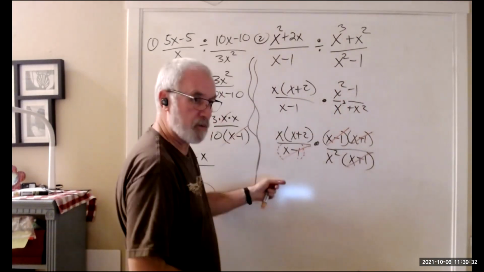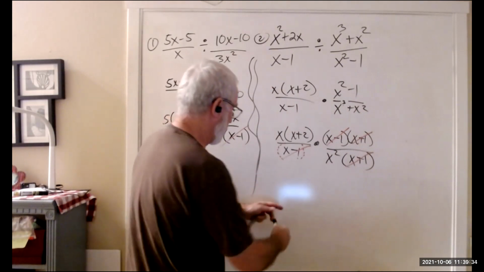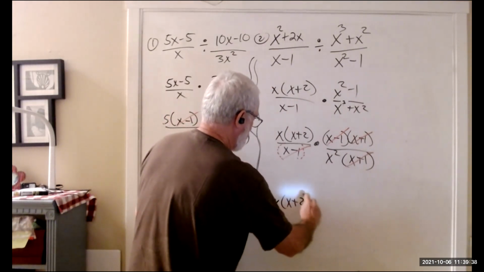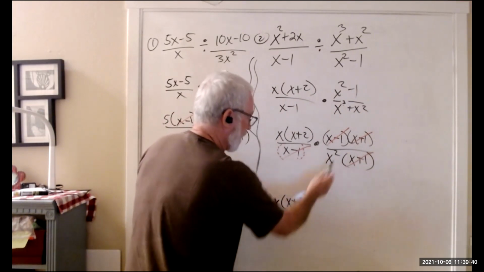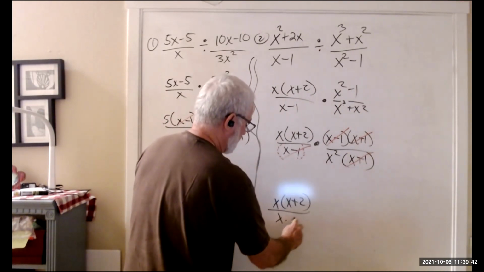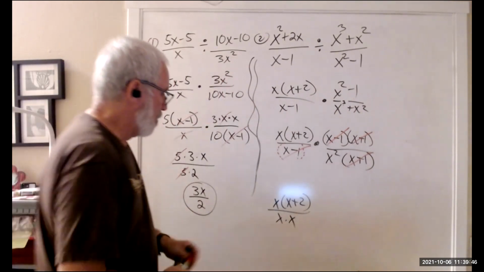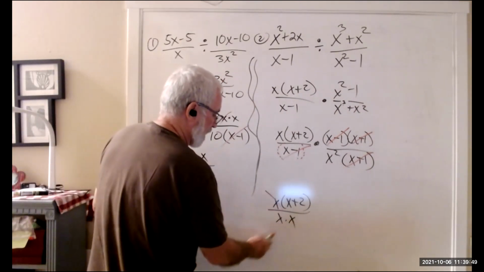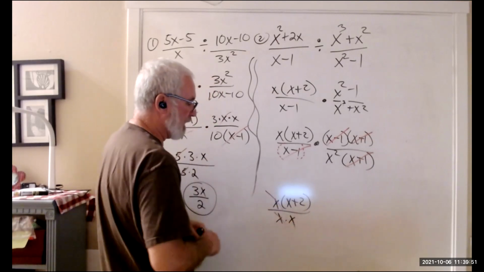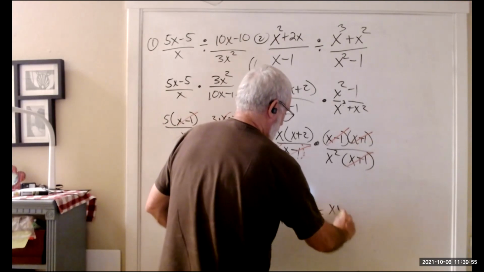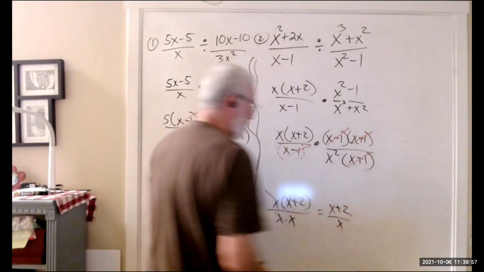So on top, where am I? Glare is right about there. Okay. I have x times x plus 2. On bottom, I have x squared, but I write it as x times x. Okay. So this x and one of those x's go bye-bye. So final answer is going to be x plus 2 over x.